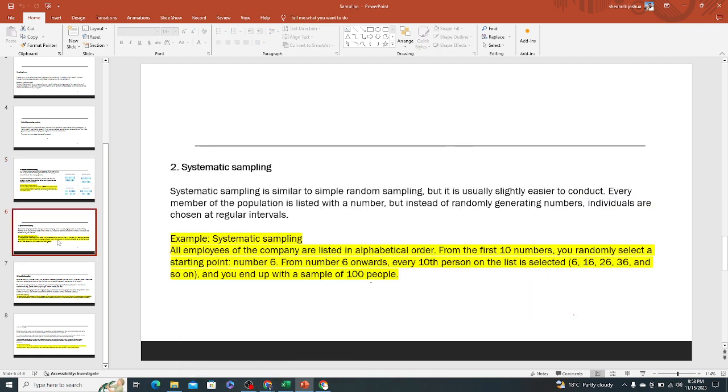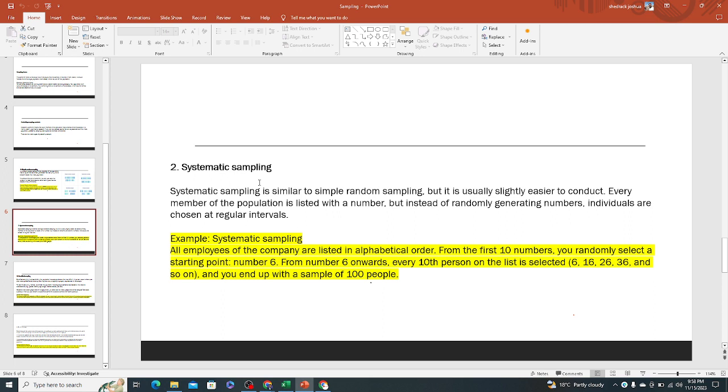Now let's continue to systematic sampling. Under systematic sampling, we are following a system. I might decide to get the odd numbers, so my sample is all the odd numbers among 100 people.